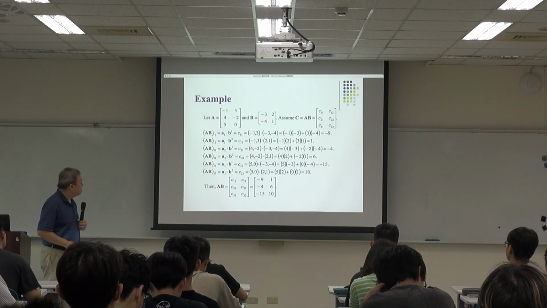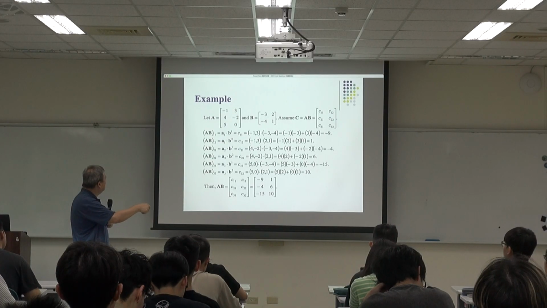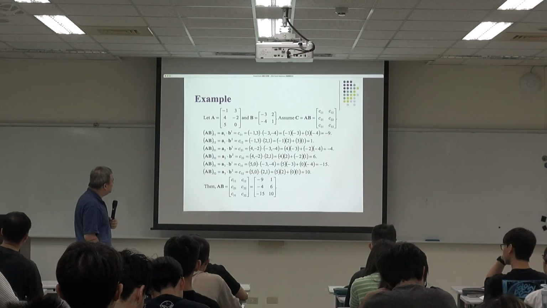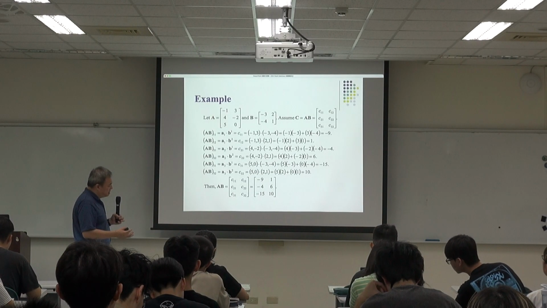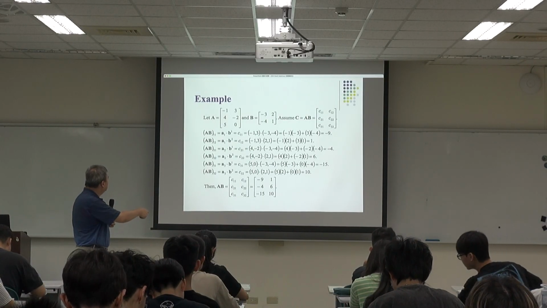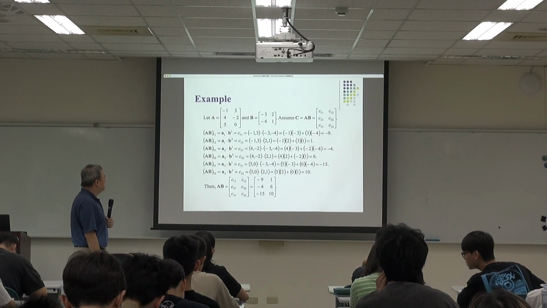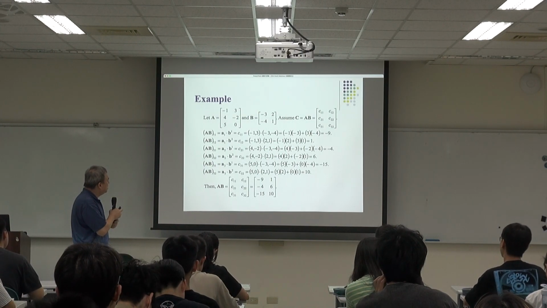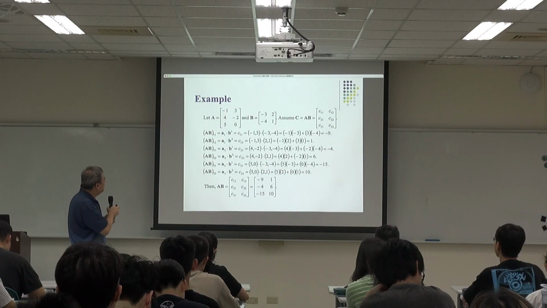Here we have an example. A is this one, B is this one. A is 3 by 2, and B is 2 by 2. The size is okay because the first matrix has 2 columns and the second matrix has 2 rows, so they can be multiplied.